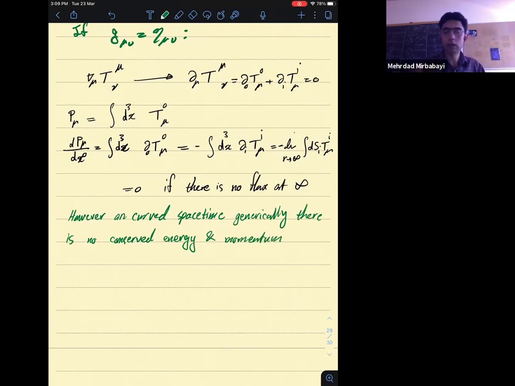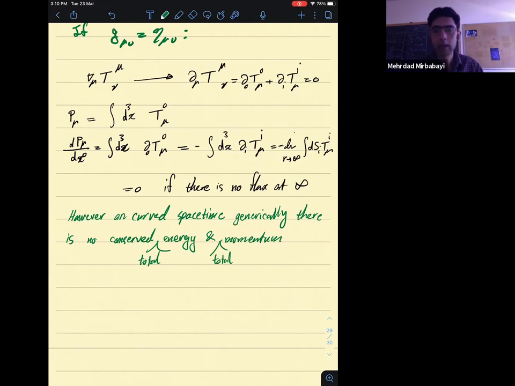There is a covariantly conserved energy momentum tensor, but there is no analog of total energy. Maybe I should emphasize: there's no conserved total energy and total momentum.